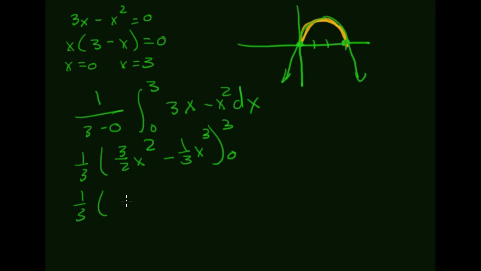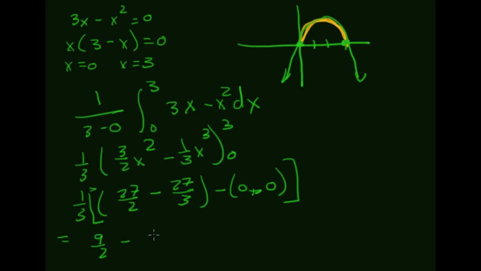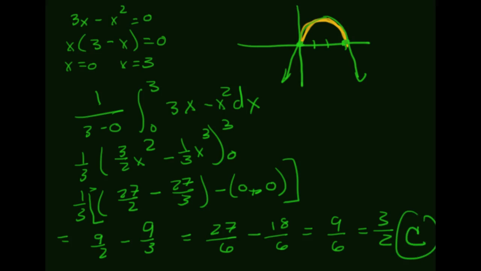Let's see, 3 squared is 9, so that's going to give me 27 over 2 minus 27 over 3, and then the other part's 0 minus 0. So a little distributing here, I get 9 over 2 minus 9 over 3, which is 27 over 6 minus 18 over 6, which is 9 over 6, which is 3 halves. So that's C. There you go.